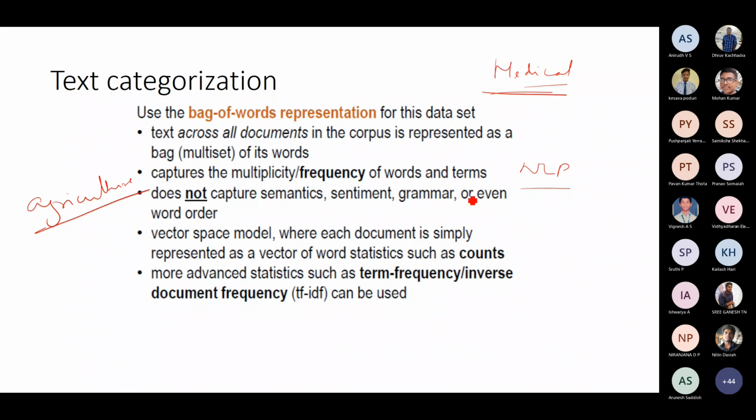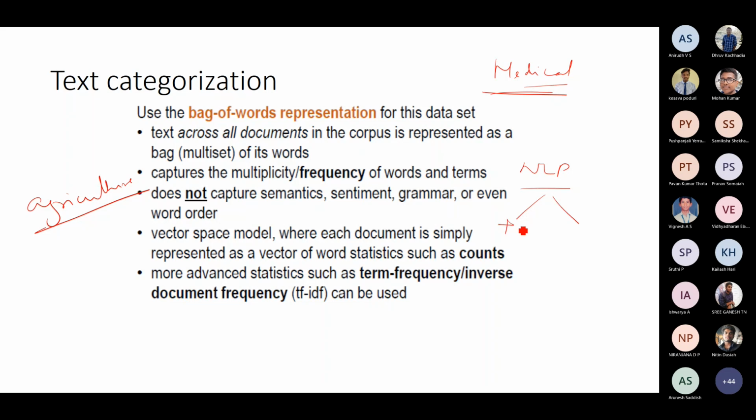Natural language processing tasks use the frequency of words or the bag of words representation for classification and categorization. Sentiment classification is a typical and traditional, most popular algorithm amongst individuals.